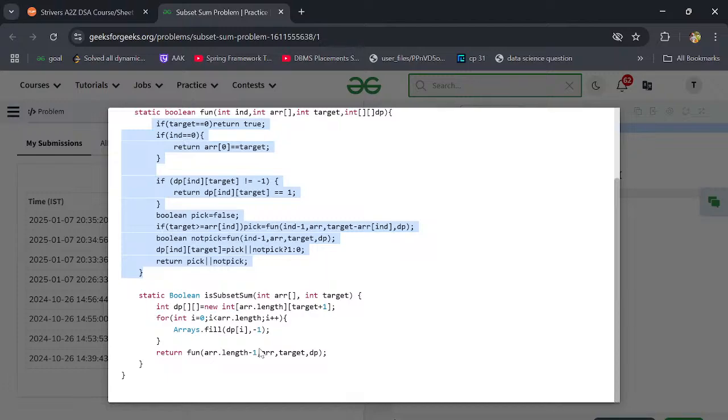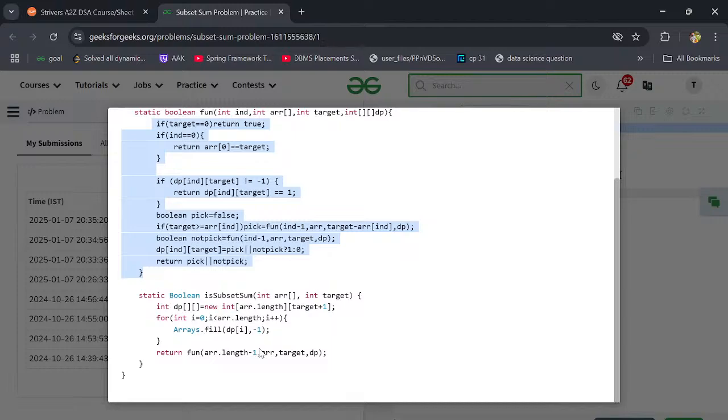I hope you get it. Instead of taking a boolean DP, these things are so rough and so confusing, so what you will take is an int DP only. What we will do is store 1 if it is true.